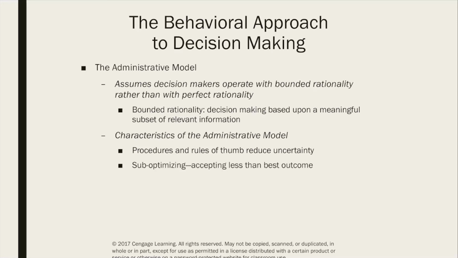You also have what's called sub-optimizing, and that's accepting less than the best outcomes. You may have 10 different alternatives to a problem, but you don't have time to evaluate all of those alternatives. So what do you do? You pick maybe the top two that sound good, and you run with it. You figure out of those two which is going to be the best.